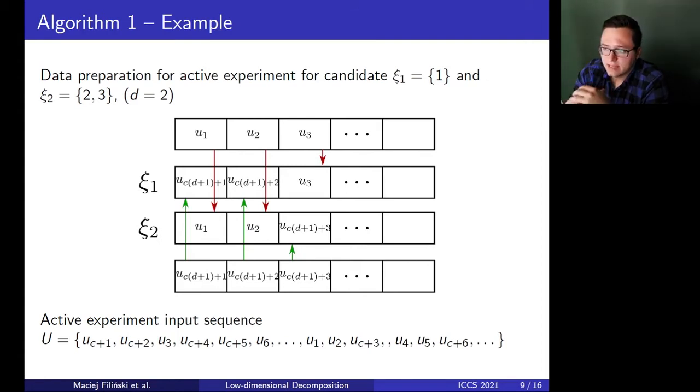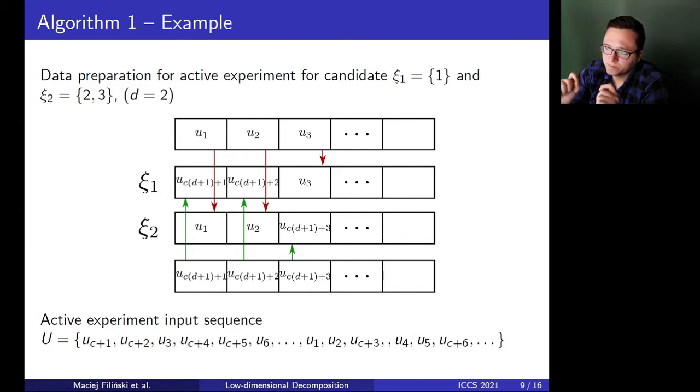The first step of algorithm 1 is to split the input sequence into two halves, and we create a new input sequence for Xi1 and Xi2. For Xi1 we take the first and second inputs from the second half, and the third input from the first half.